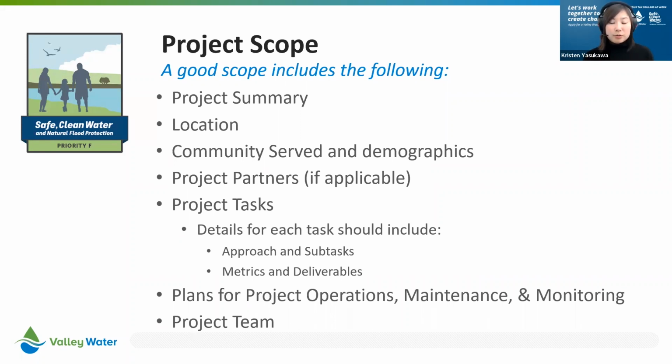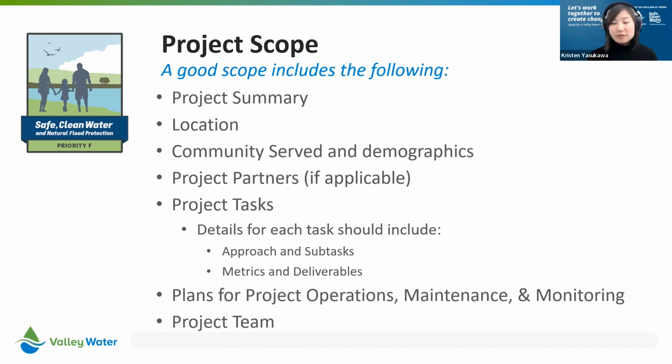One thing that the scope will be used for will be to get the information that the evaluation panelists need to compare with the evaluation criteria that is set forth for each of the grant project types.